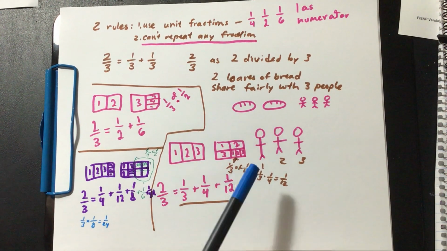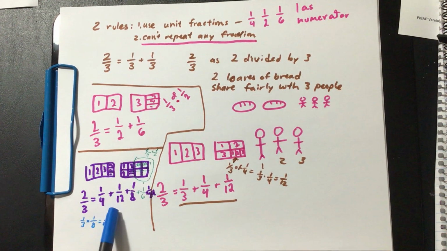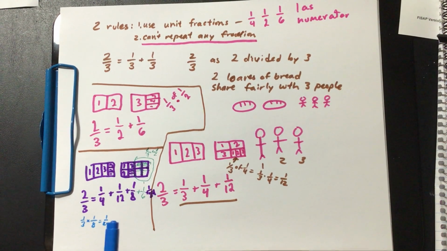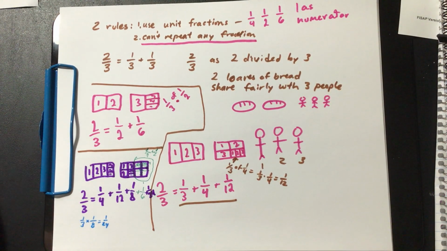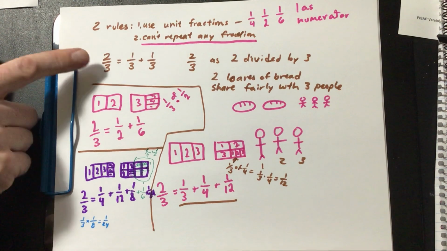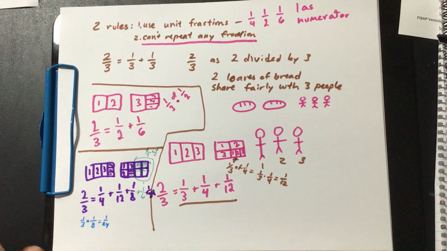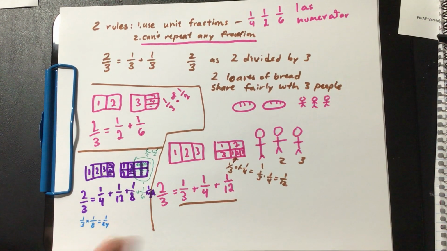So you came up with 3 different Egyptian ways to represent the same fraction 2/3, using this sharing loaves of bread fairly kind of thing. That's really cool. We're not going to do this right now, but you could always get a common denominator to check this.